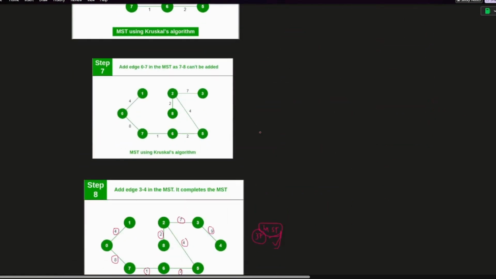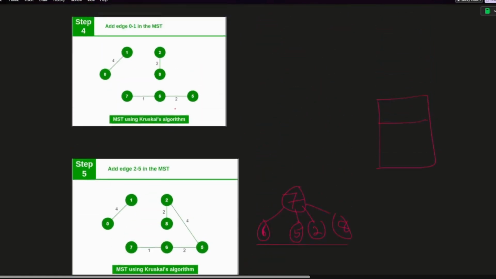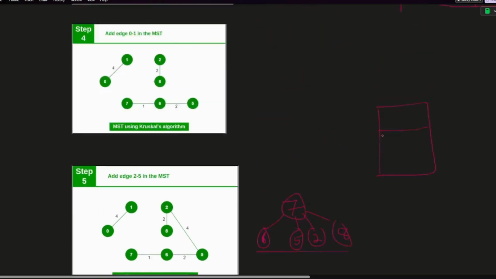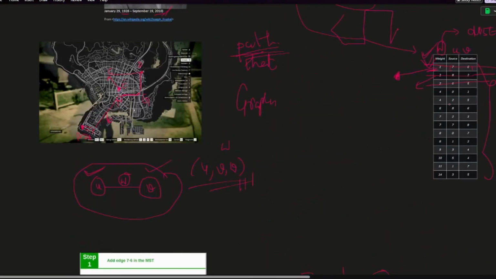Okay, listen. So add edge 2 to 3 in the MST at this particular point, as 8,6 cannot be added.